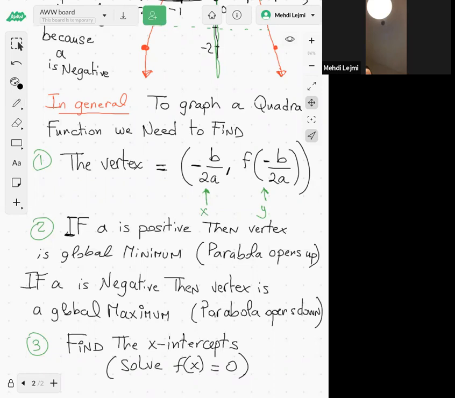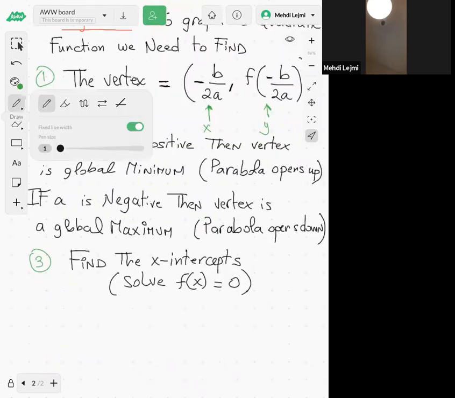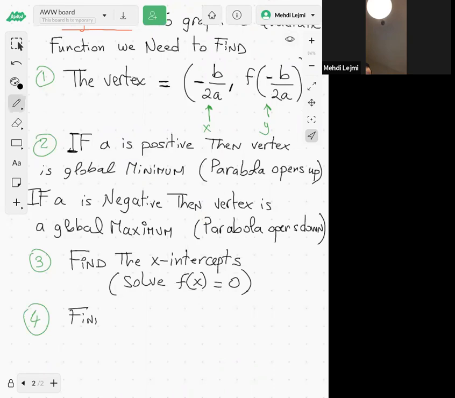Fourth, step number 4. We need to find the y-intercept of the graph, and it's just f of 0. So find the y-intercept. So just evaluate f of 0.